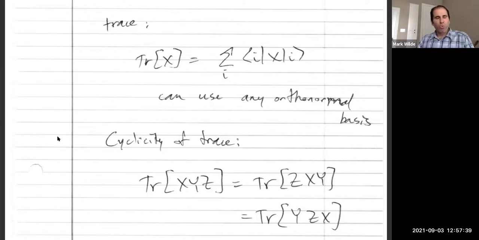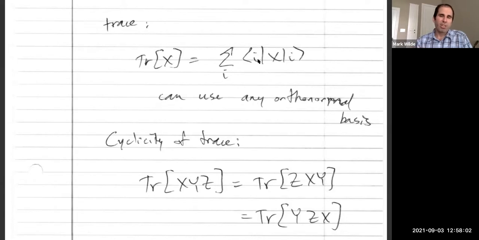When we want to calculate probabilities of measurement outcomes occurring, we will make use of the trace. The trace can also have an interpretation as discarding a system, like throwing it away. Okay, so these are different interpretations that come up.